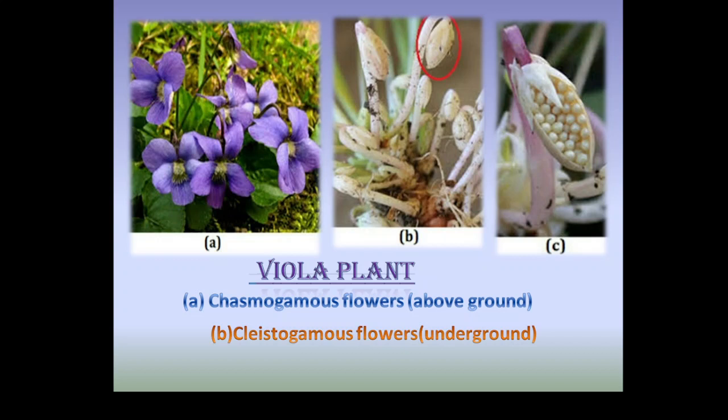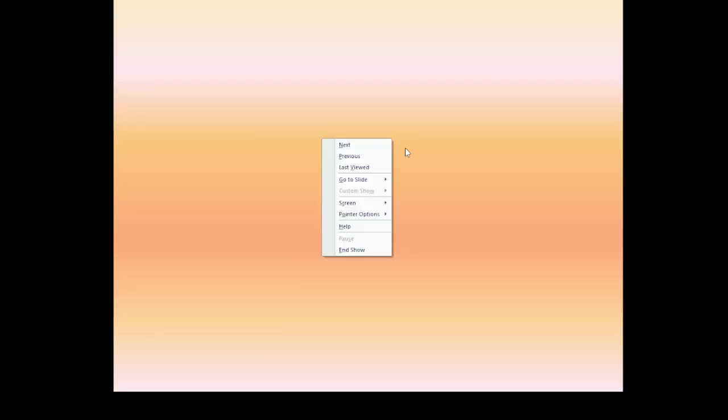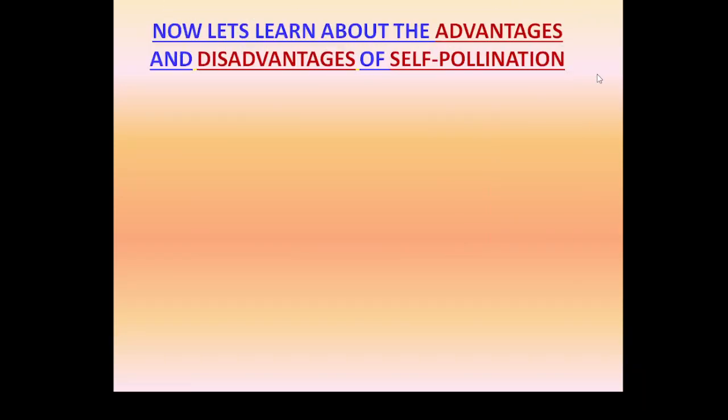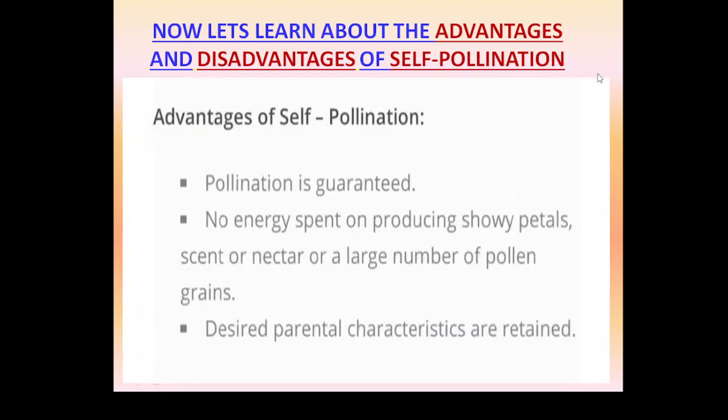Next, advantages. We will see the advantages and disadvantages of self-pollination. Now let's learn it. Advantages of self-pollination: Pollination is guaranteed. No energy spent on large showy petals, nectar, or large number of pollen grains, and desired parental characters are retained.